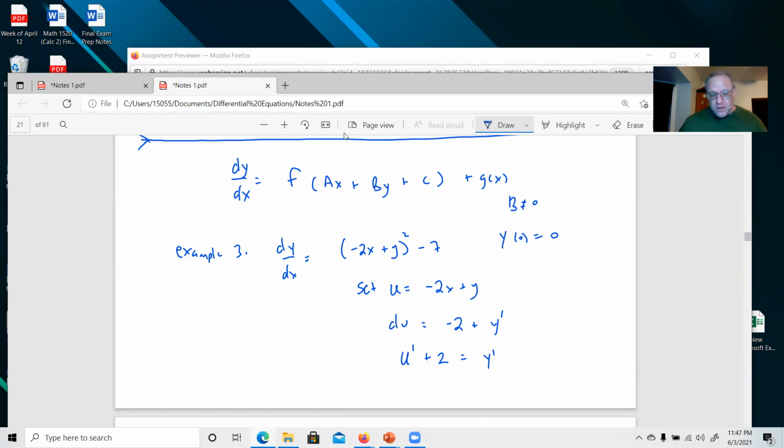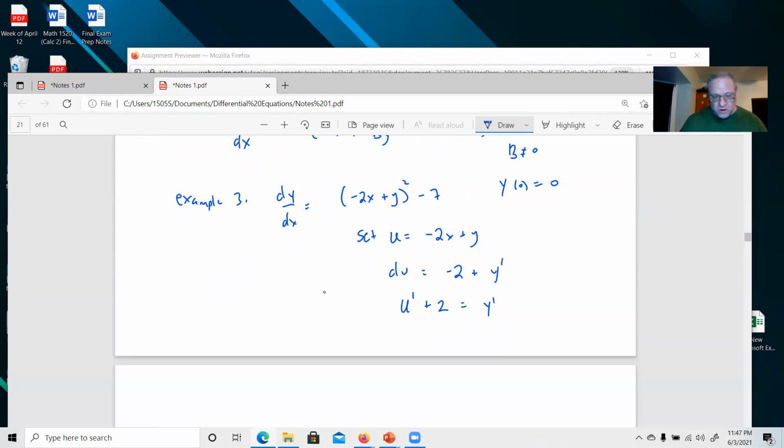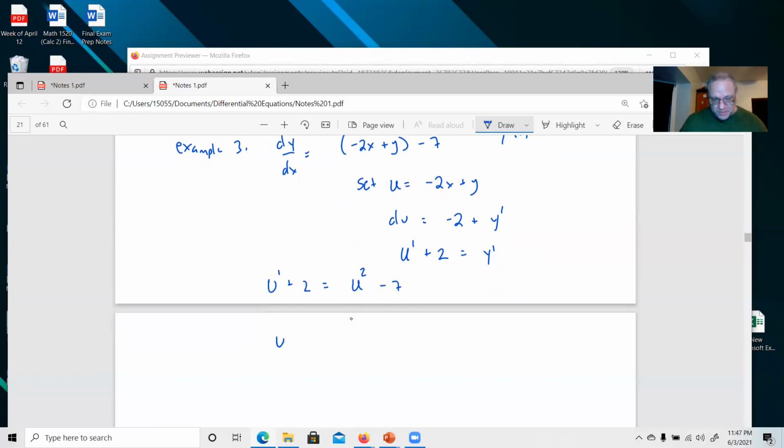So when we go to substitute, we're going to say this is u tick plus 2, that's my dy/dx, is equal to u squared minus 7. That's looking pretty good so far. So we have u tick, don't answer yet, it gets better, is equal to u squared minus 9.